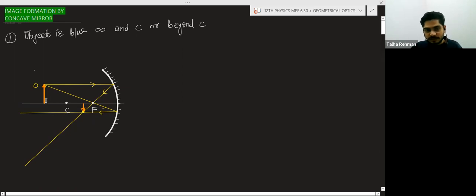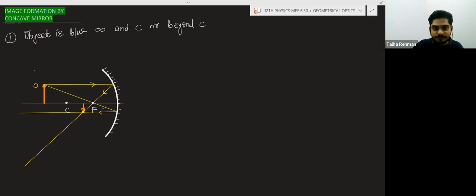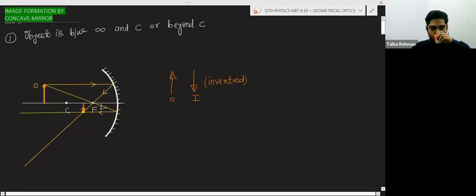And now see this arrow. If the object is like this and image is like this, so it means that this image is inverted. We show the inverted image like this. So it is clear, image is formed between the center and the focus, and it is real and inverted.